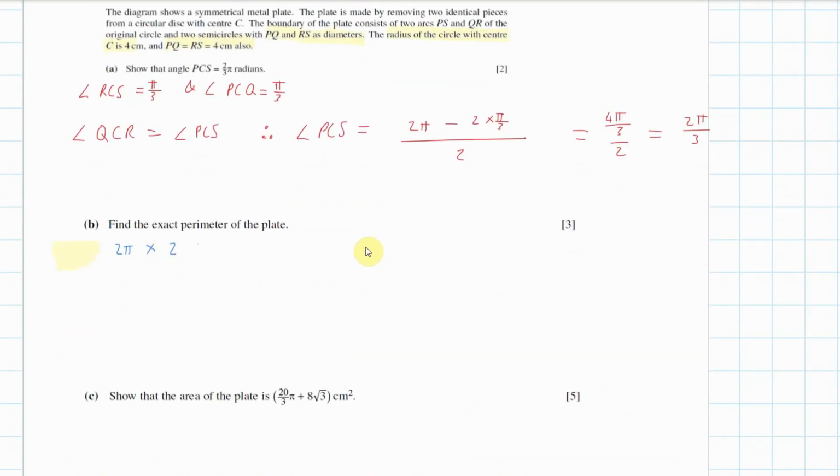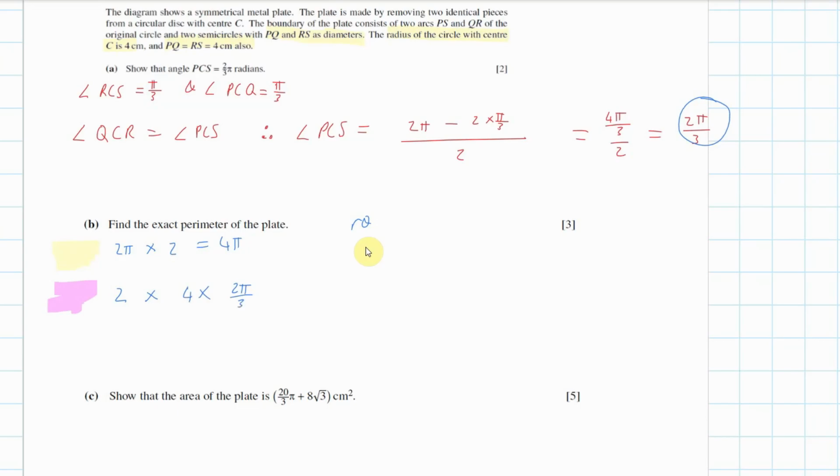So this should give us 4 pi, and the reason I'm saying both of those yellow bits add up to one whole circle, so that's that bit. And then when we think about this bit here, well, we've got 2 lots of them, and each one, remember we're using r theta for this. Now r is 4, and we know that theta for each of them is this bit here, isn't it? 2 pi over 3.